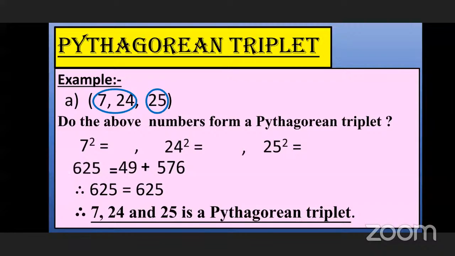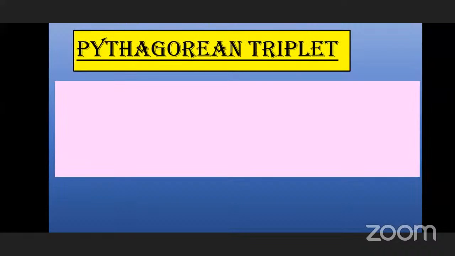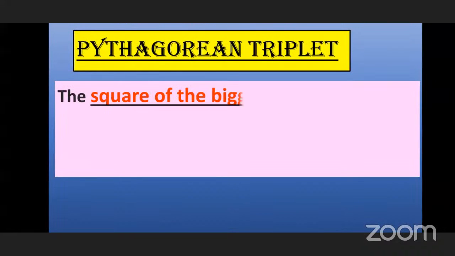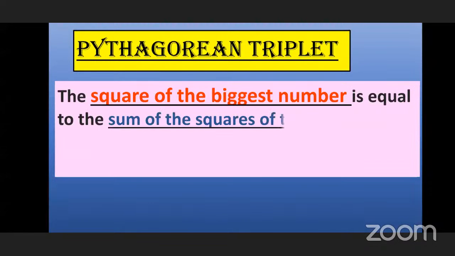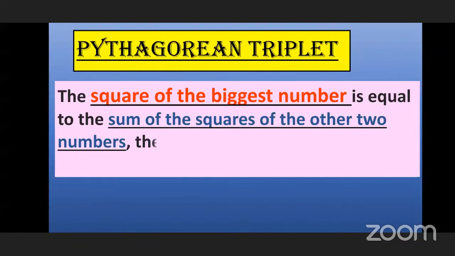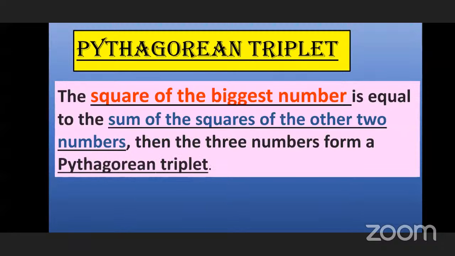Understood, children? How to check whether numbers form a Pythagorean triplet or not? From what we have seen, the square of the biggest number is equal to the sum of the squares of the other two numbers. Then the three numbers form a Pythagorean triplet.